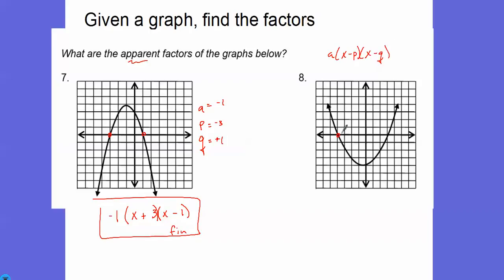Here, I notice that my factors, my a, my p, my q: 1, 2, 3, 4, looks like a negative 4. 1, 2, 3, looks like a 3. The a value, this is messier. From here to here, looks like up a half.